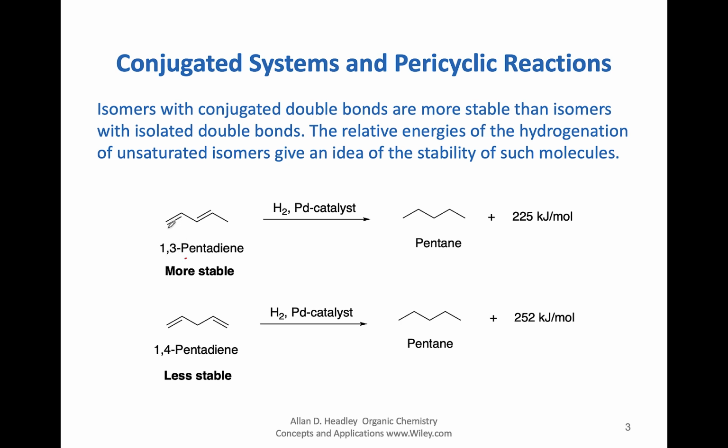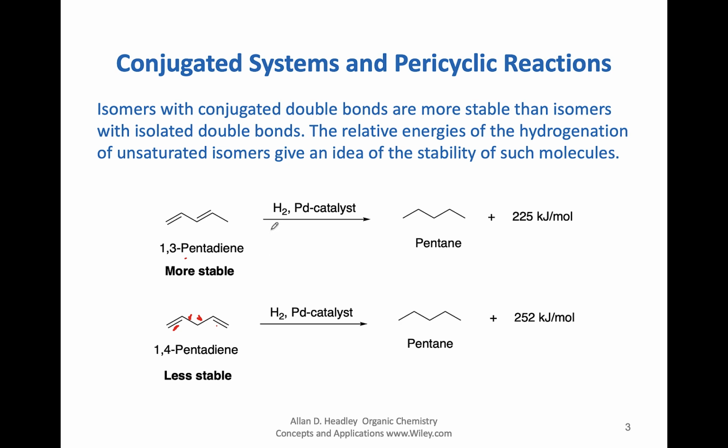So this one has a conjugated system. Notice this is conjugated. Here is another isomer where we have here a double bond, but these are not conjugated because here's a double bond, here is a single bond, here's a single bond, and a double bond. So they're not conjugated.